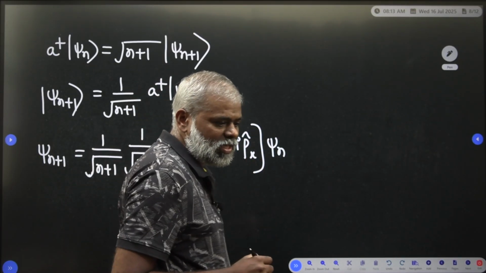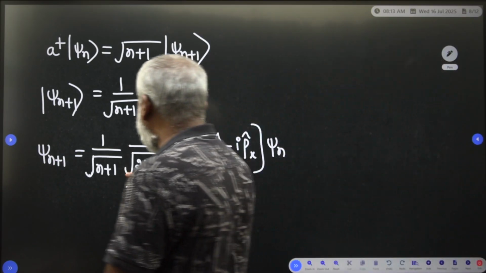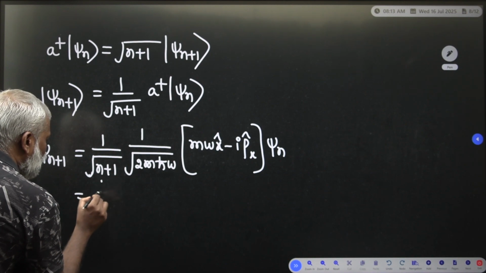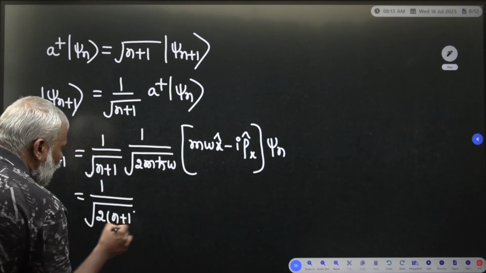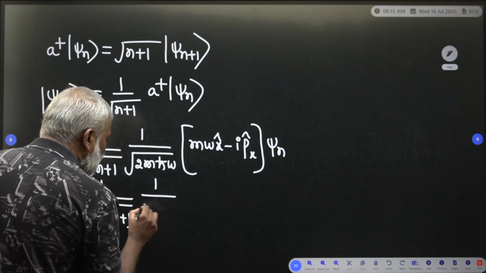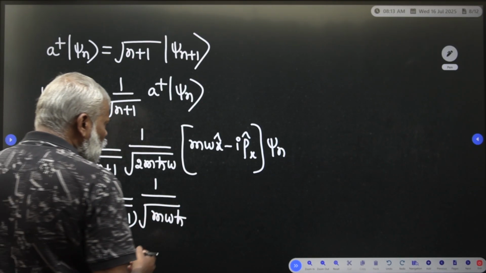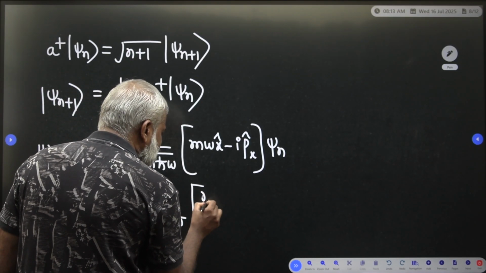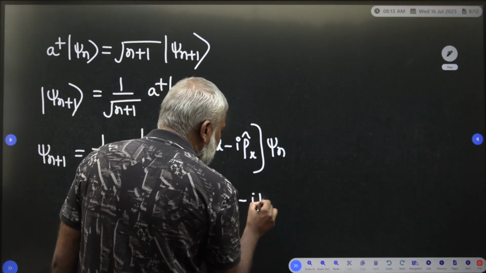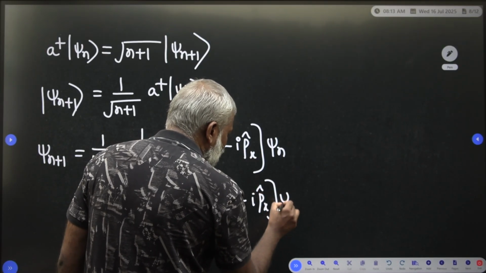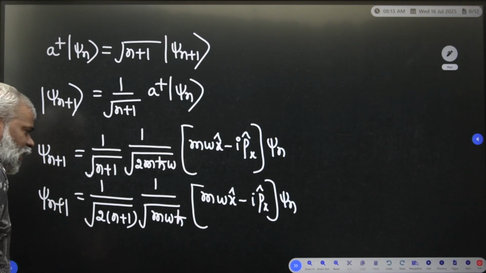So we have to rearrange this expression. How do we rearrange? 1 by square root of 2 into n plus 1, divided by 1 by square root of m omega into h cut, right. So we take m omega x cap minus i p x cap into psi n, which is equal to psi n plus 1.